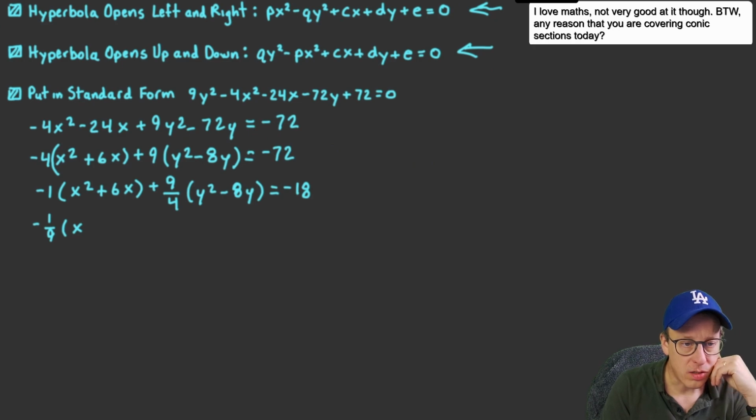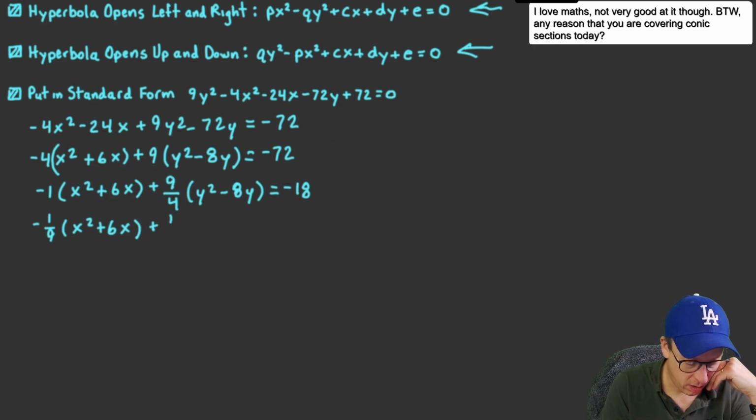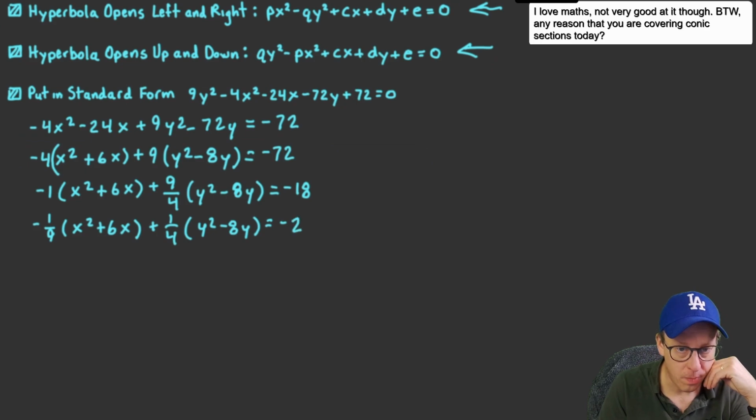Yeah. x squared plus 6x, and this will be plus 1 over 4. See, we're trying to get this into this term format. And y squared minus 8y is going to be equal to negative 2. And I want to complete the square here in this situation.